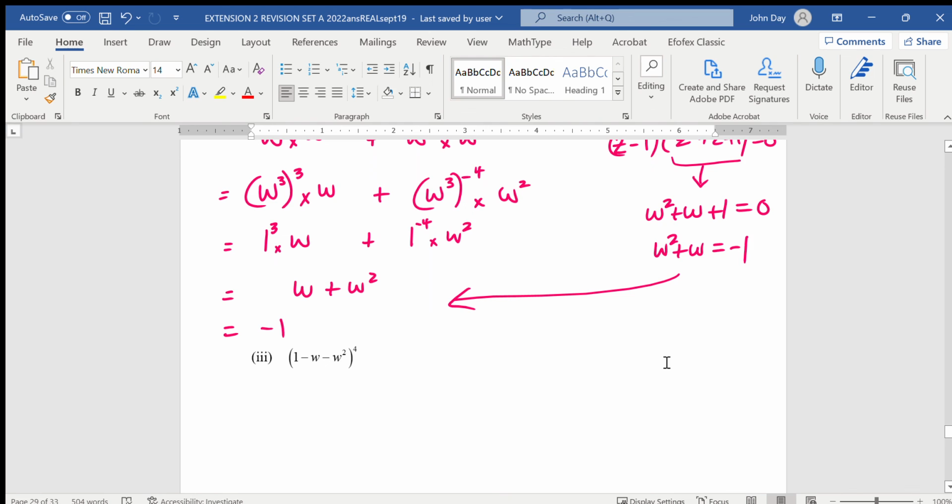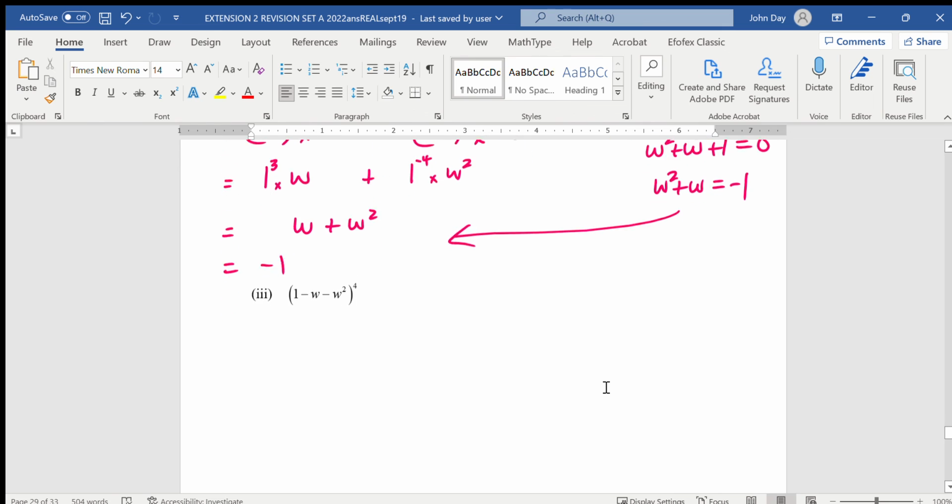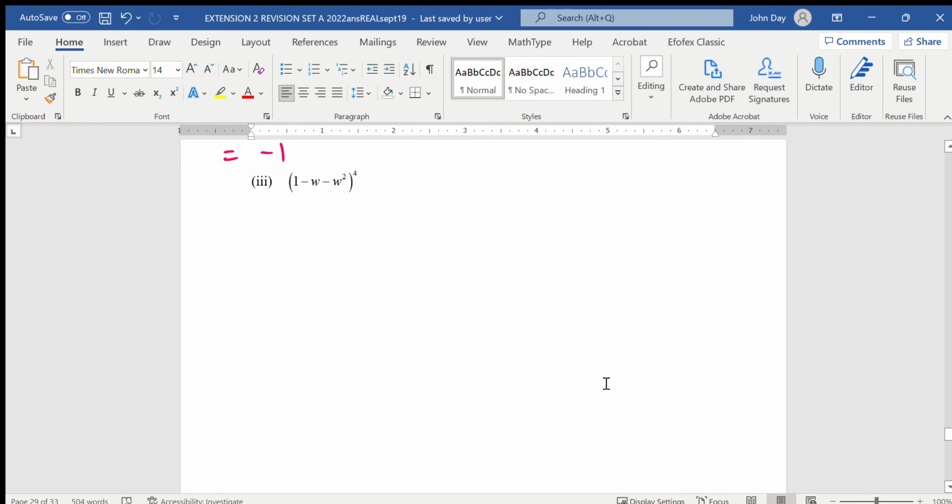So all you have to do is find the manipulations that are going to give you the answers that you want. So, this last one: if 1, w and w squared are the three cube roots of 1, we know then that w is not equal to 1.